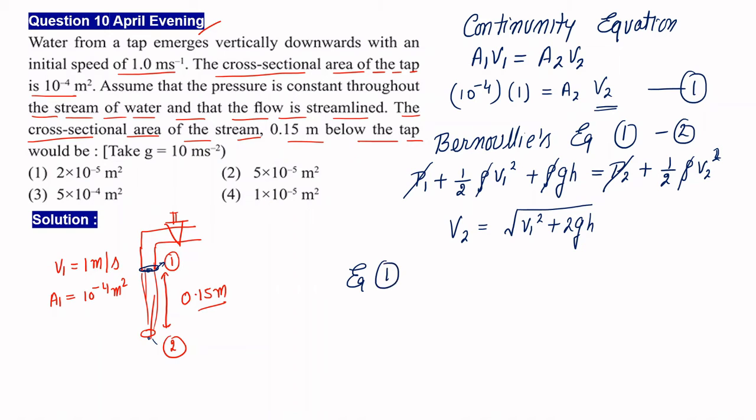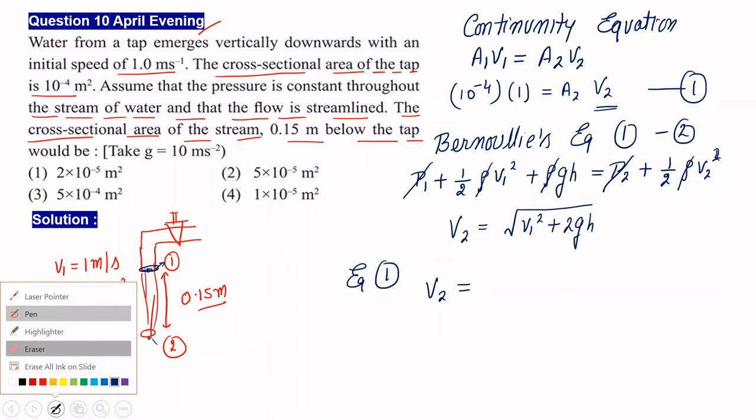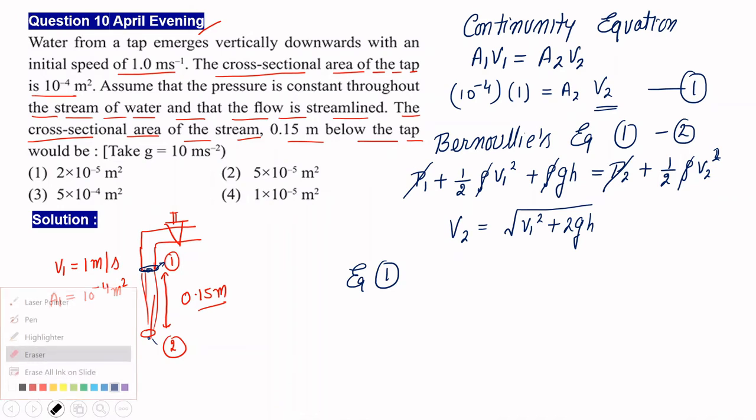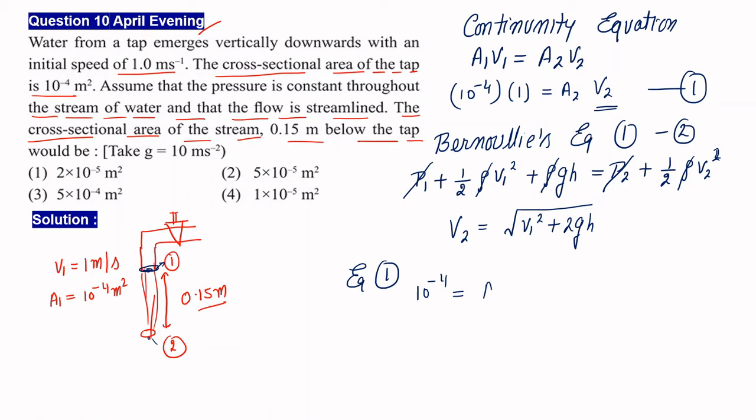Putting the values in equation 1: 10 to the power of -4 equals A2 times V2, with V1 equal to 1, plus 2 times g, which is 10, times h, the distance between 2 and 1.